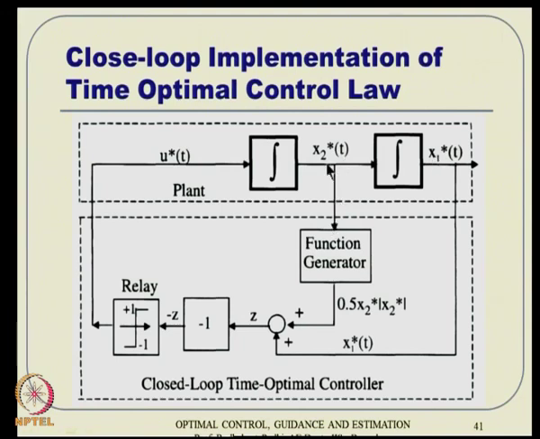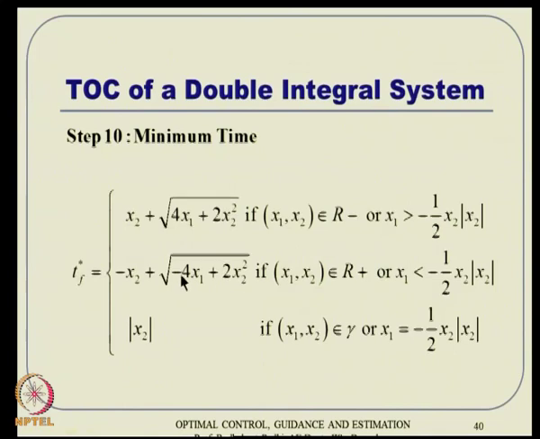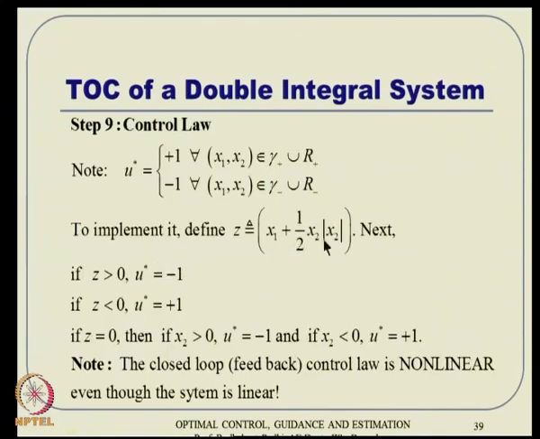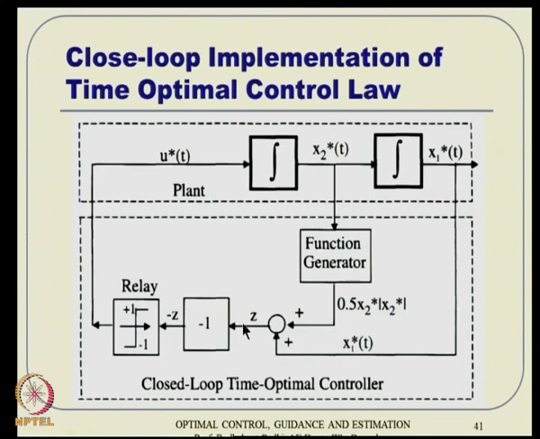Now here you tap x2, and then generate this half x2 times modulus of x2, and then combine that with x1. So that will give us z, that's the expression you are looking for. And flip the sign and take it to the relay function, and then you get your controller. So it is completely in the state feedback form, which is very neat to see.